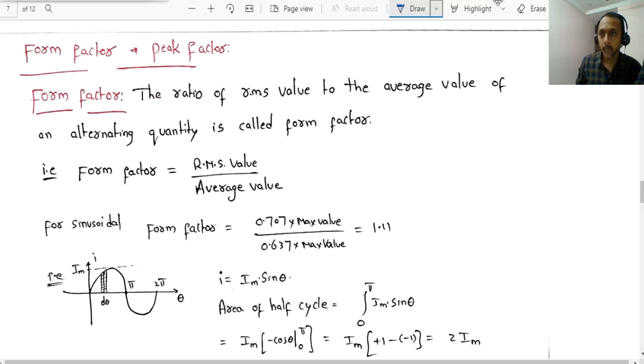Form factor is simply RMS value by average value. The ratio of RMS value to the average value is nothing but the form factor.